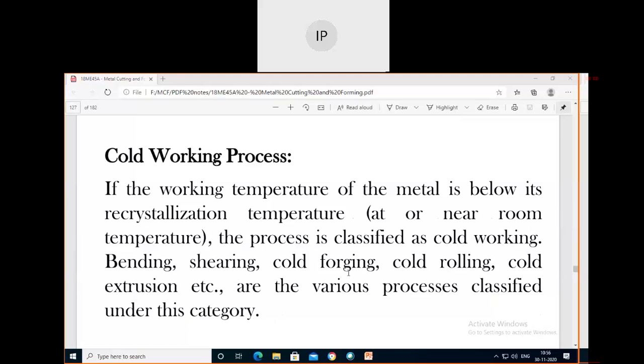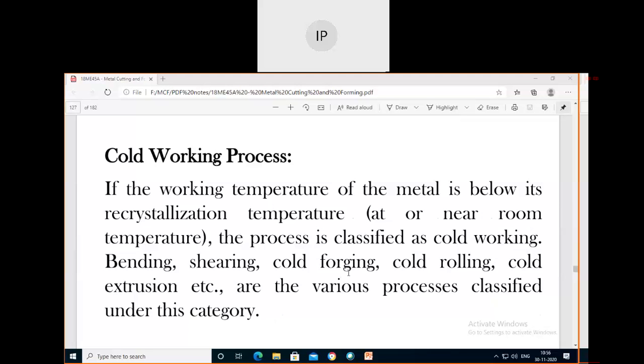Hot working means the working temperature of the metal is above its recrystallization temperature but below the melting point. What about cold working? The working temperature of the metal is below the recrystallization temperature or near room temperature.